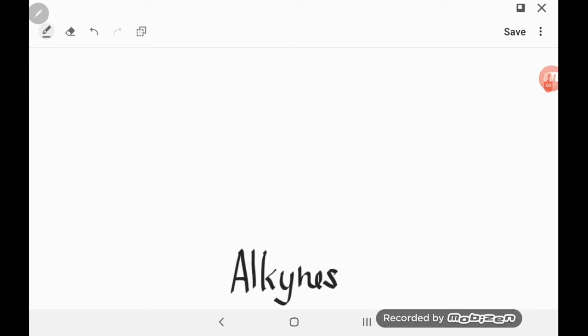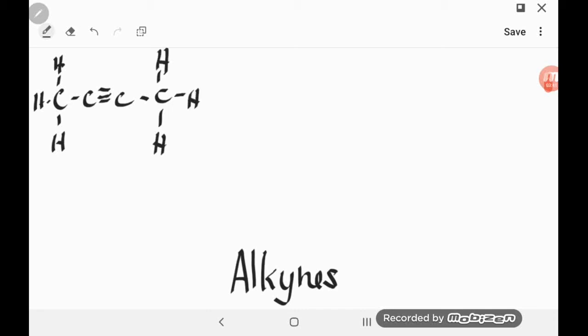An alkyne is an unsaturated hydrocarbon containing at least one carbon-carbon triple bond. Here is an example of an alkyne. What you can see here is the Lewis structure of an alkyne, which can also be written in its condensed form.